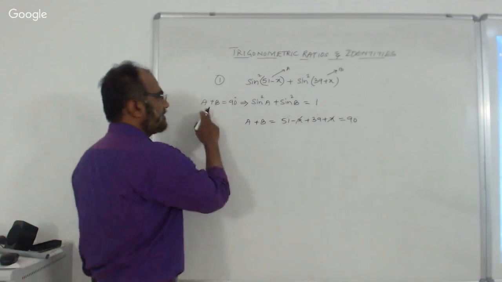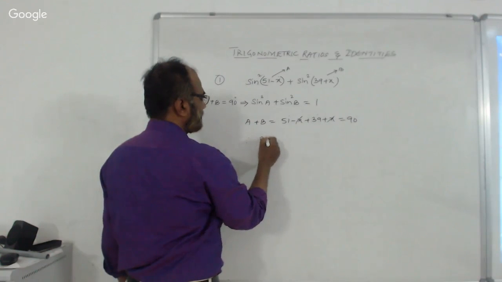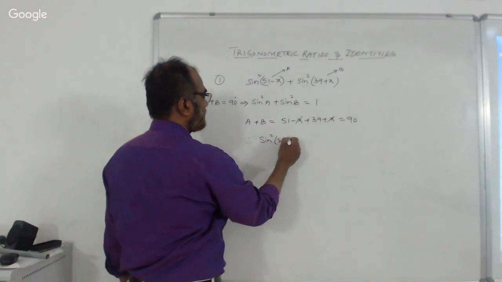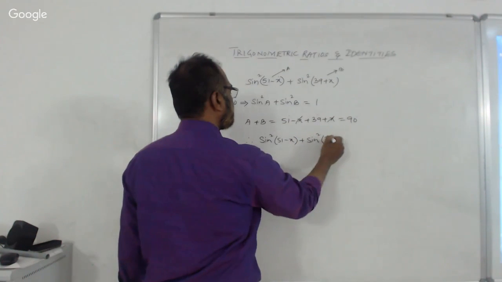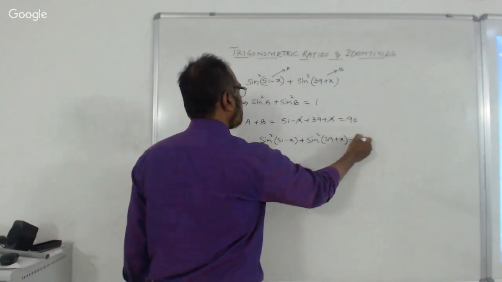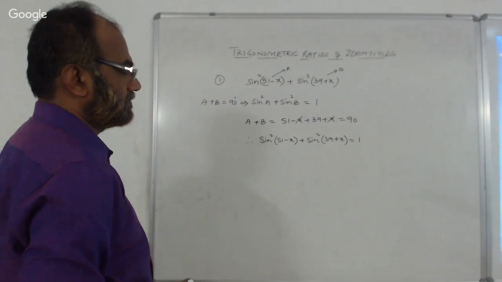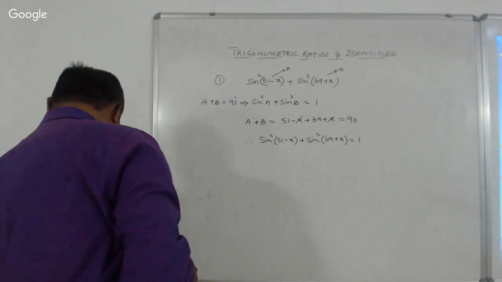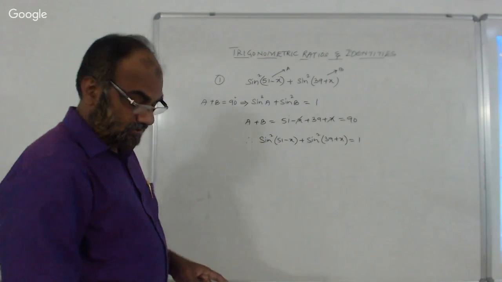So since a plus b is 90, sine square a plus sine square b will be 1. So sine square of 51 minus x plus sine square of 39 plus x, this value is 1. This was one of the homeworks.